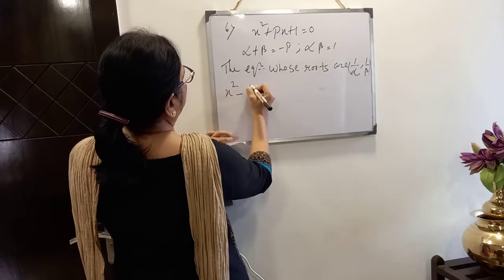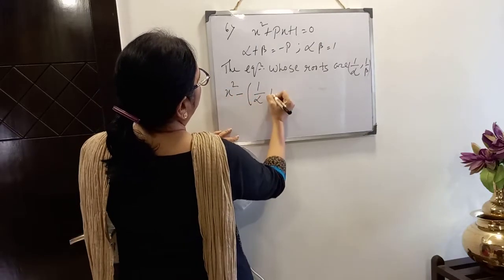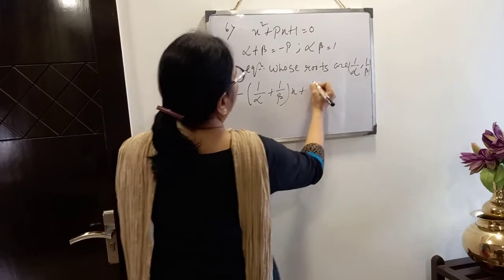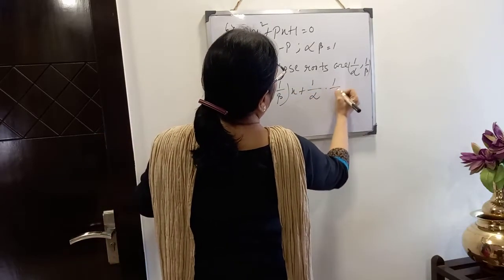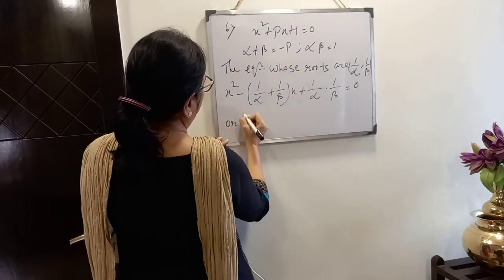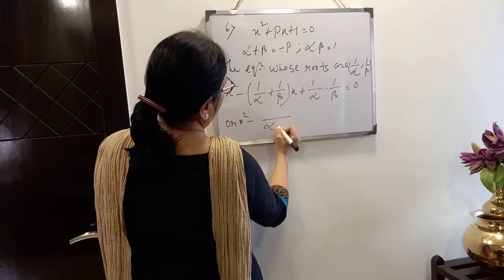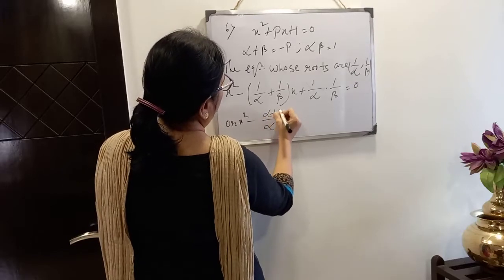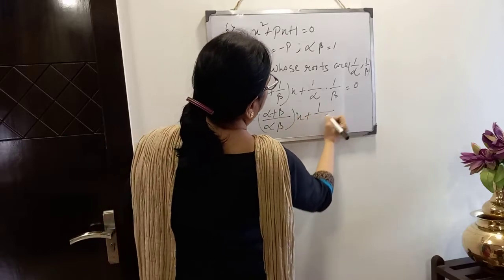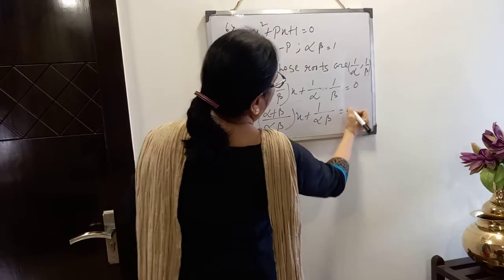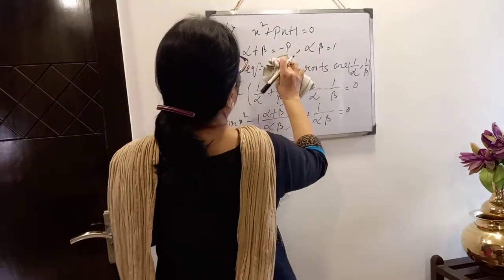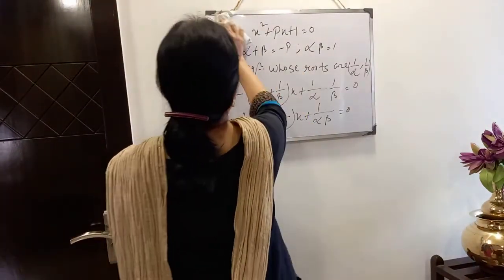X square minus sum of the roots into x plus product of the roots equals to 0. Now take the LCM of this. Multiply. Now all the values we know, so directly we can put here alpha plus beta minus p and alpha beta 1.